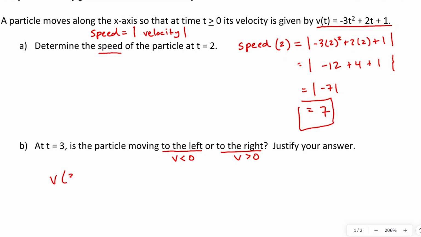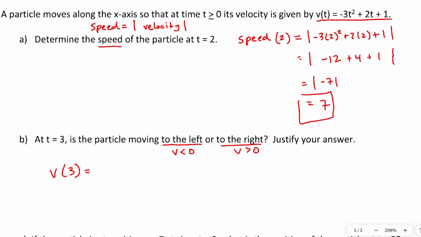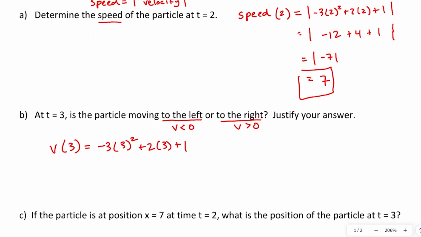So the velocity at 3 is negative 3 times 3 squared plus 2 times 3 plus 1. Scroll up a little bit here.